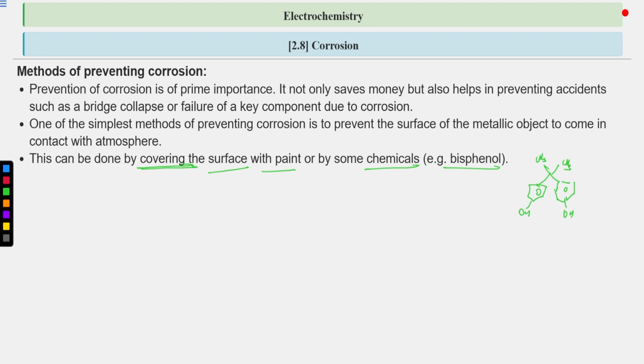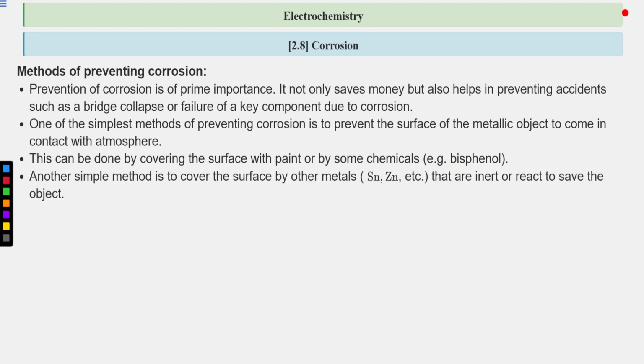Now, another simple method is to cover the surface with other metals, like tin, zinc, etc., that are inert or react to save the object. That means we can also cover the surface of our metal with some other metals which are inert.